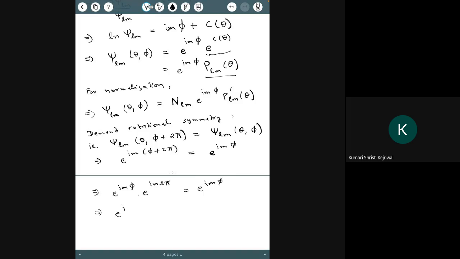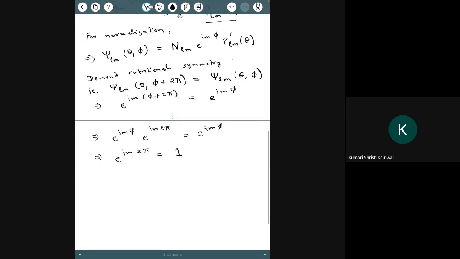So e to the power im 2 pi is equal to 1. And we know that this holds true if m is an integer.